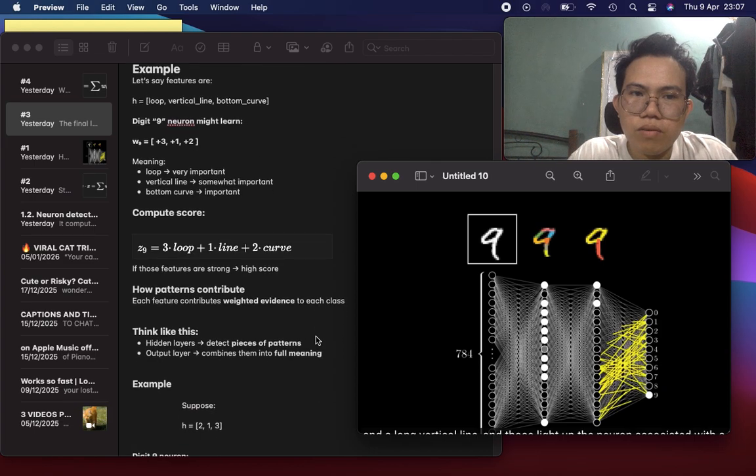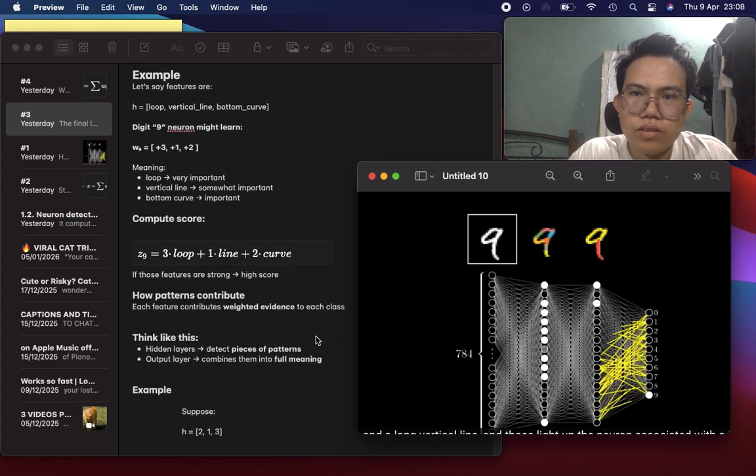Let's say the features for 9 are a loop, a vertical line, and a bottom curve.